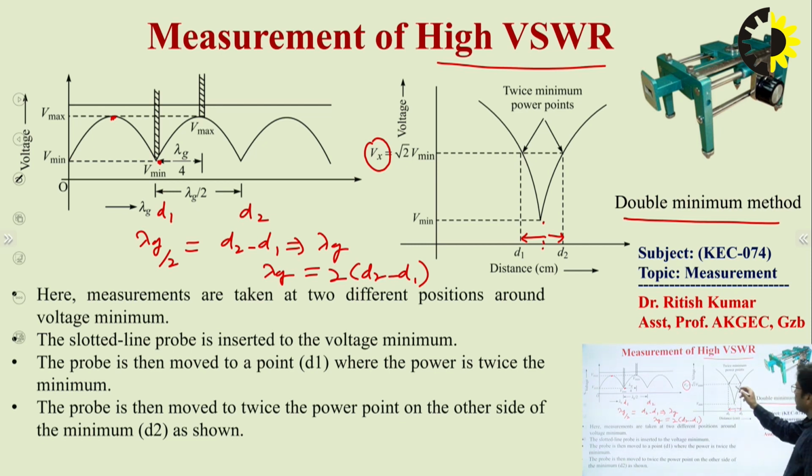These two points you need to get again by using the slotted waveguide section, and you will have these two distance values from the scale that is made over the slotted waveguide section. There is an empirical formula to get this high VSWR.